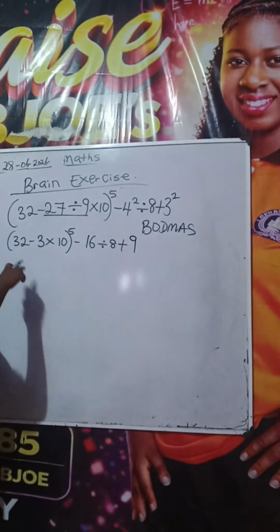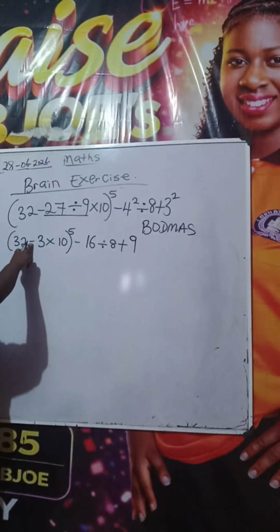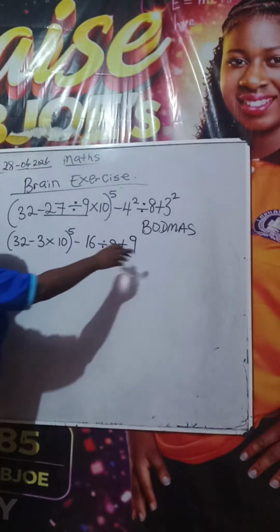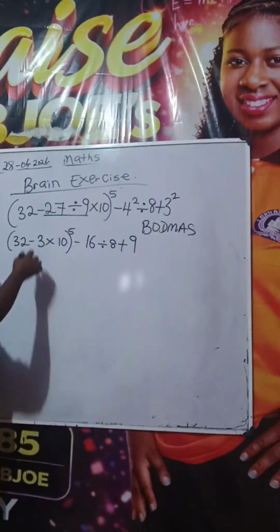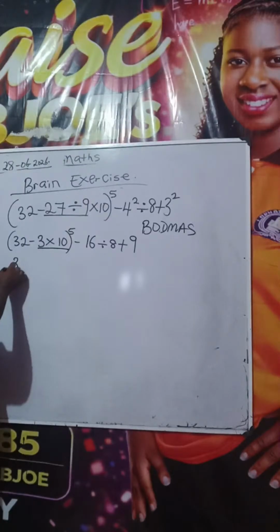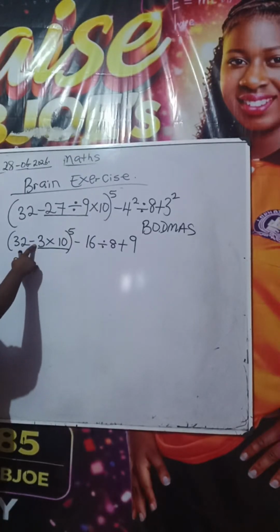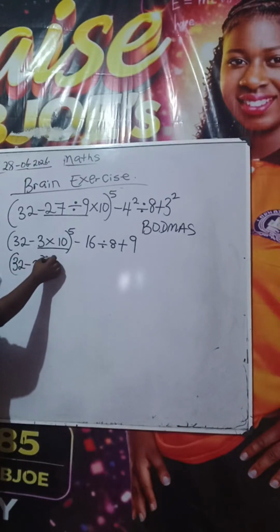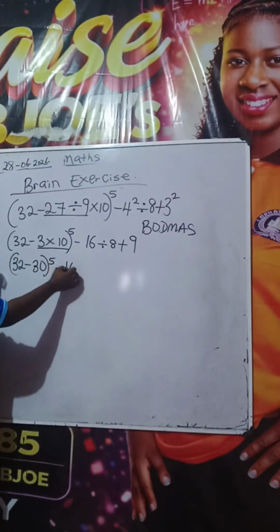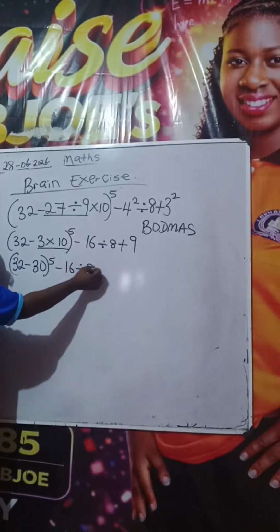Looking at the bracket also, we have minus, we have multiplication, but multiplication comes first before subtraction. So I'll first do this. We have 32 minus 3 times 10, which will give me 30, all raised to the power of 5, minus 16 divided by 8 plus 9.